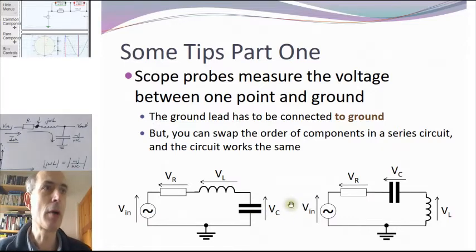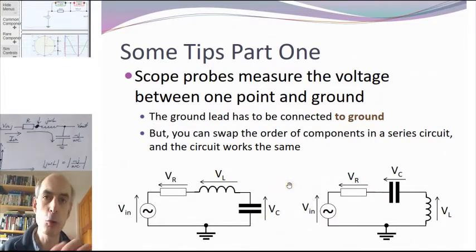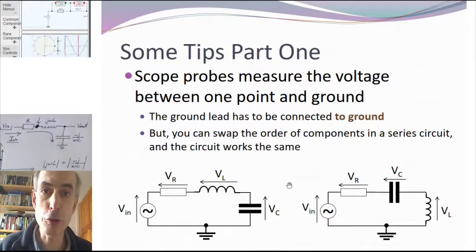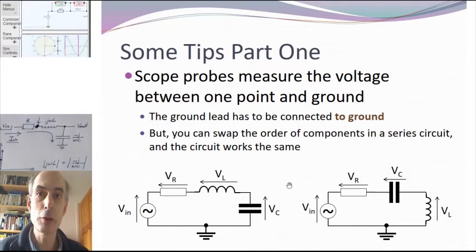The easiest way around that is to just swap the order of the components in the circuit. The current will be the same, and therefore the voltage across the components will be the same, because the total impedance in the network is the same. It doesn't matter which order the components are in, the total impedance of the series combination will be the same. So you can just swap the order of the components.